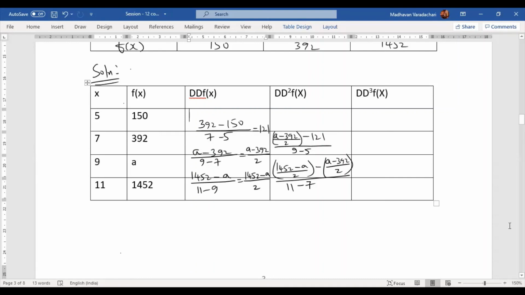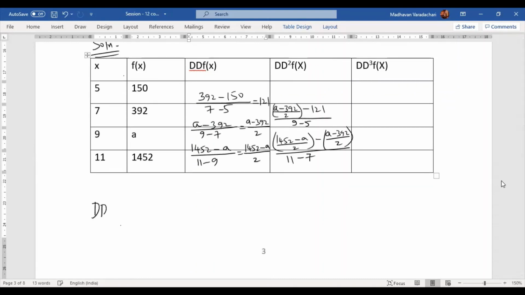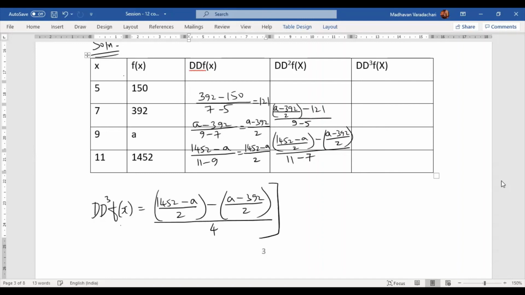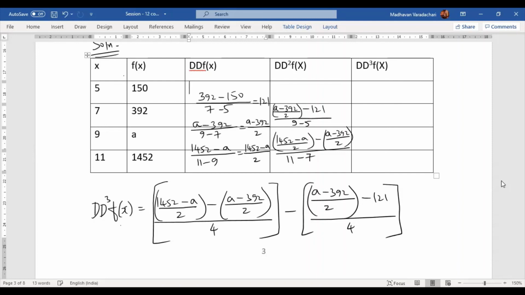Then again, when you do the divided third difference of f(x), it will be 1452 minus A by 2, minus A minus 392 by 2, divided by 4, minus A minus 392 divided by 2 minus 121 divided by 4, the whole thing divided by 11 minus 5.